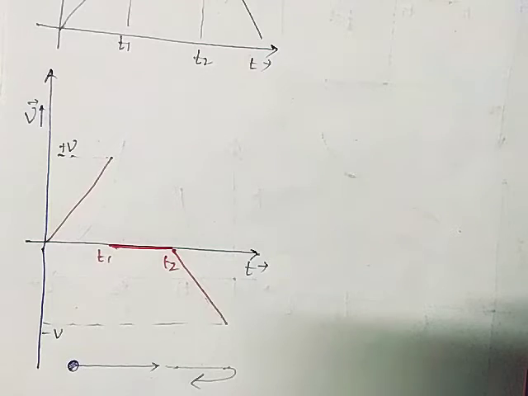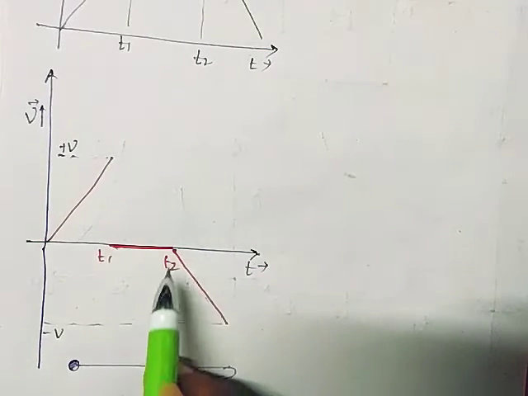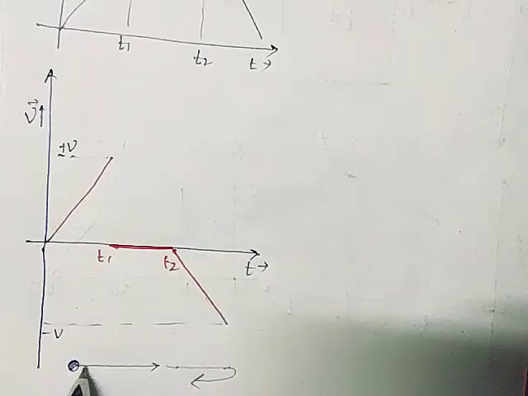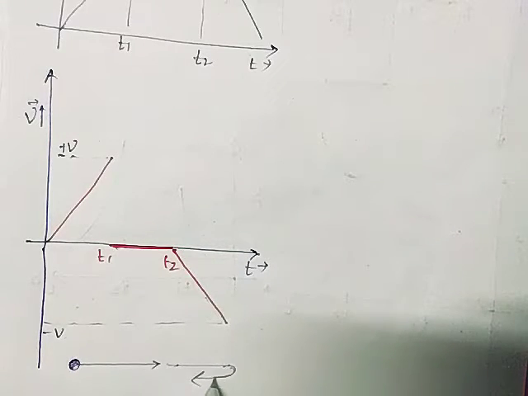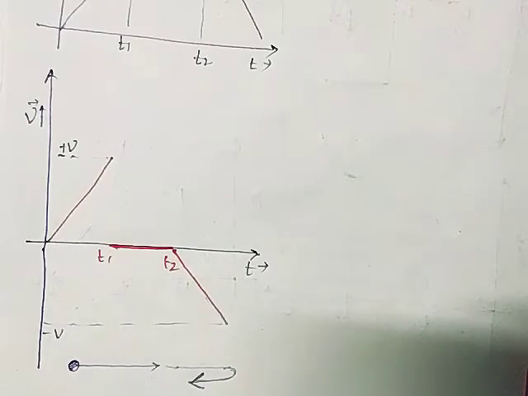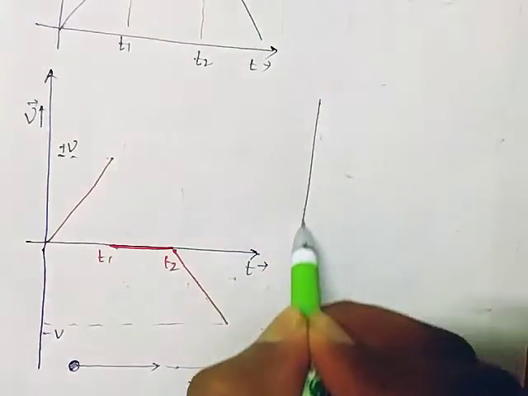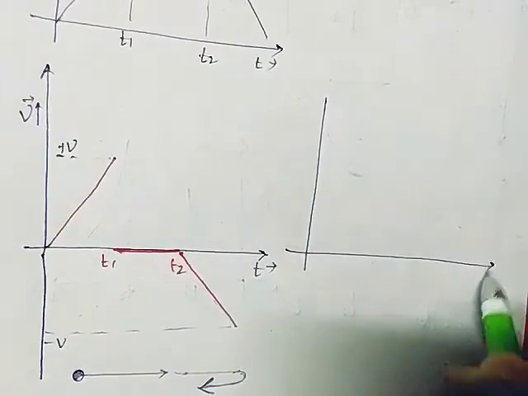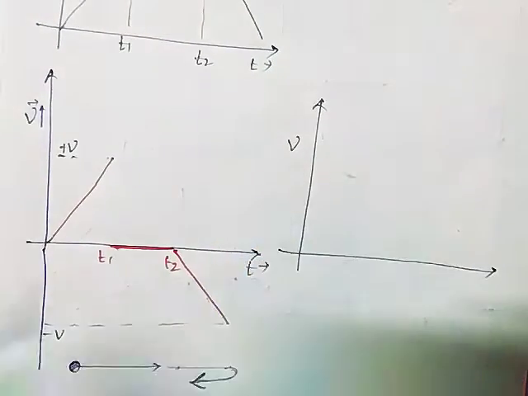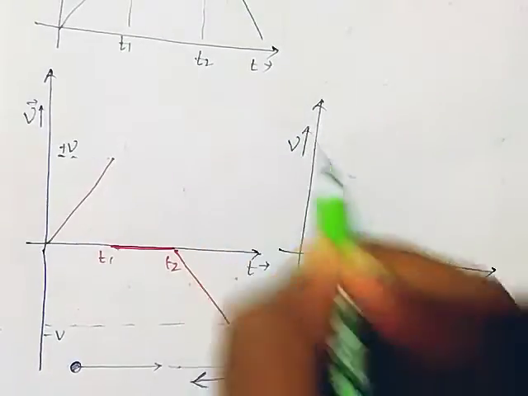If the velocity becomes negative, it is not that the magnitude of the velocity is decreasing. The velocity becomes negative, so the way we have considered the velocity as positive, it has now changed direction. But is there any change in the speed?